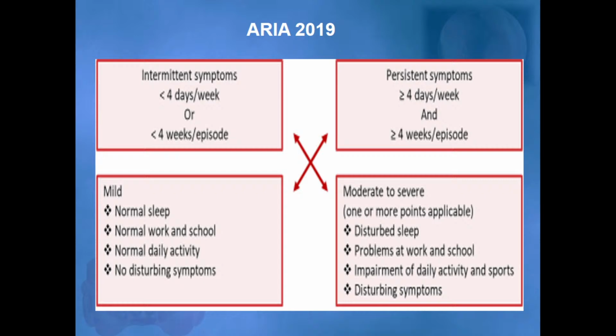Intermittent means that the symptoms are present less than 4 days per week or less than 4 weeks during the year. Persistent is more than 4 days per week and more than 4 weeks during the year.